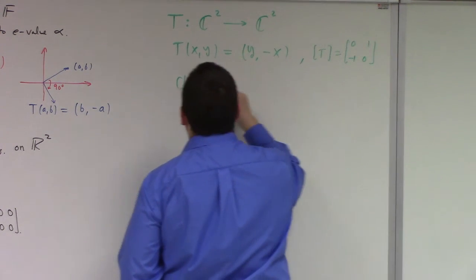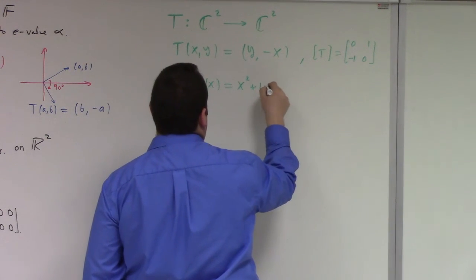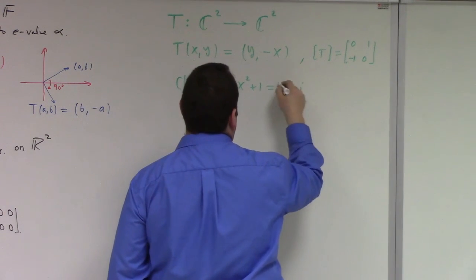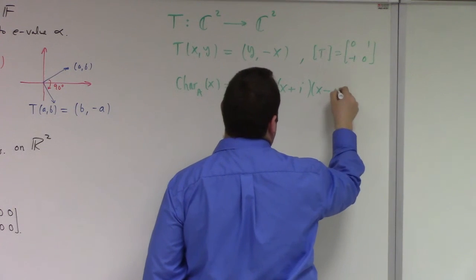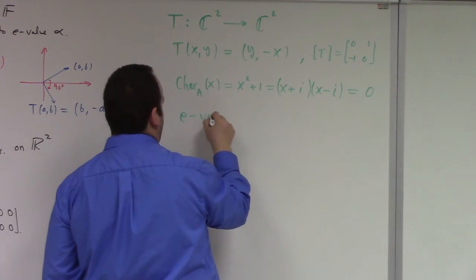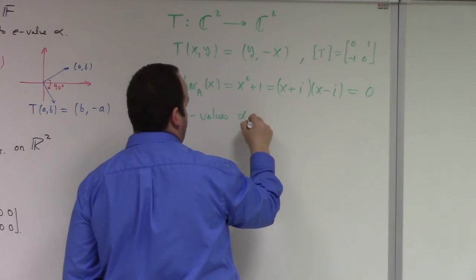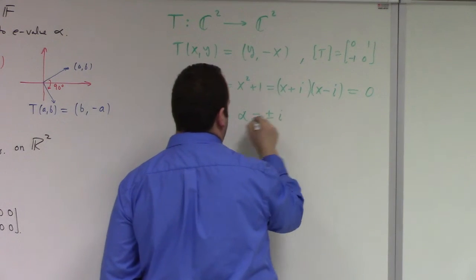And so the characteristic polynomial of A still works out to x squared plus 1, but this time we can factor. It's (x plus i) times (x minus i), so this has eigenvalues, let's say alpha equals plus or minus i.